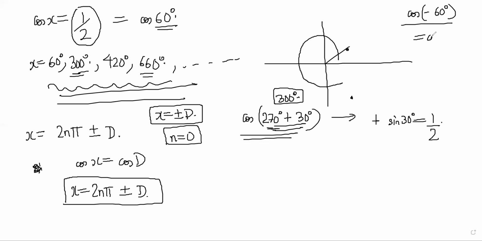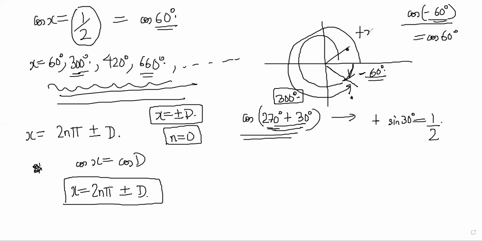Because earlier in the last class we had discussed that when you go to the negative side, this is the angle, right? For minus 60, basically you have to go in the clockwise direction from the x-axis, no? So minus 60 is the same as going plus 300 from this side.